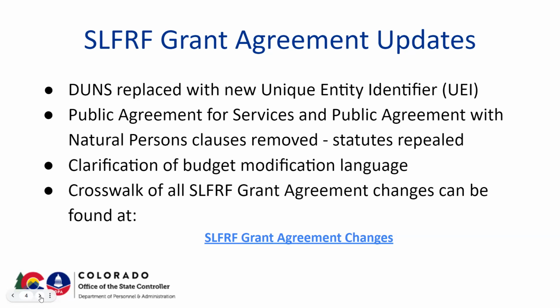And a number of other changes. We always encourage you to check the website and use the most recent versions of grant agreements that are posted. And we also have a crosswalk of all the changes that you can find at the link provided.